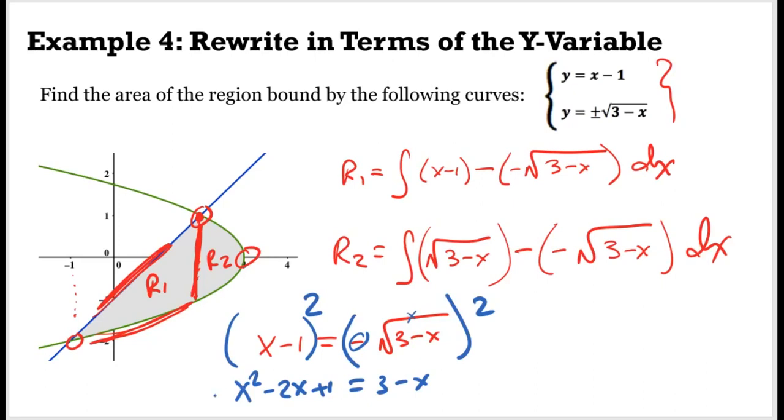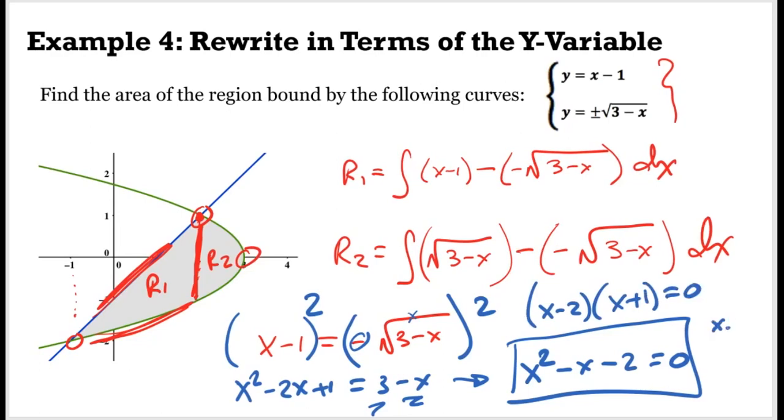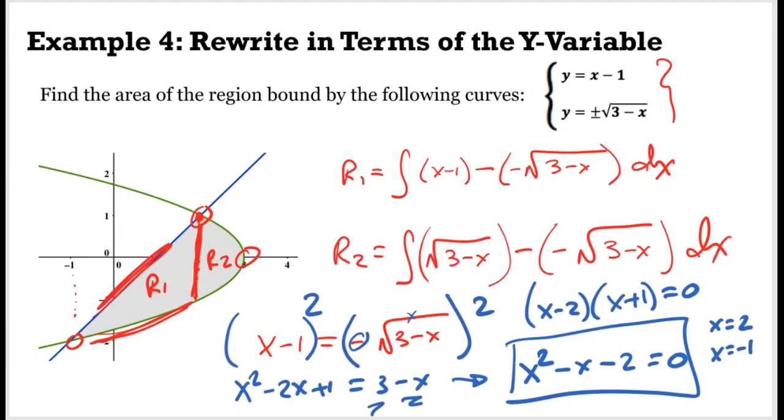Because it's a quadratic, we need to get 0 on one side, so I'm going to move these terms from the right-hand side over to the left. So we get x squared minus x minus 2 equals 0. And now that we have this, we can factor it. x minus 2, x plus 1 equals 0. And that gives us x is equal to 2, or x is equal to -1.